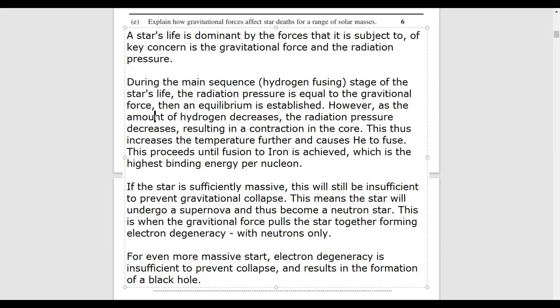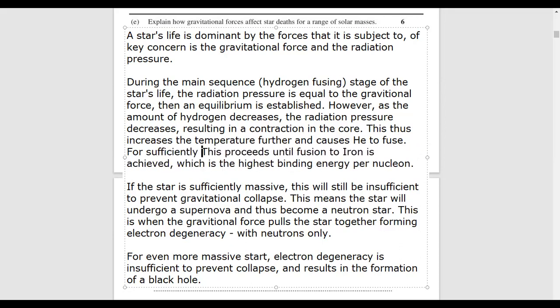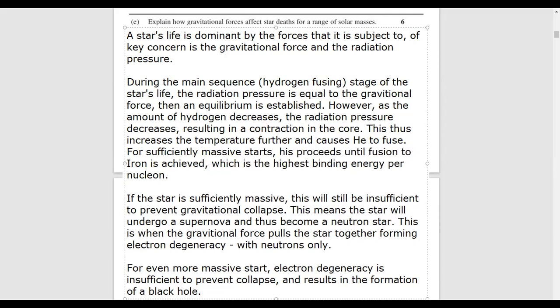We also need to talk about white dwarfs. So as the amount of hydrogen runs out, for sufficiently massive stars, this produces further fusion and so forth.